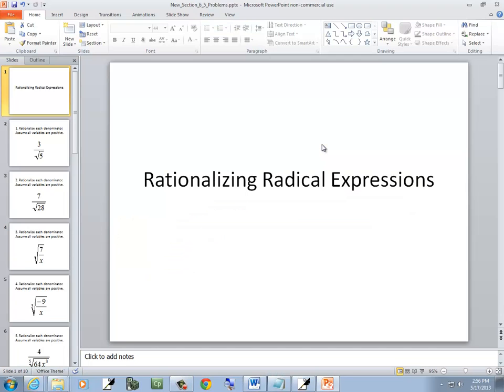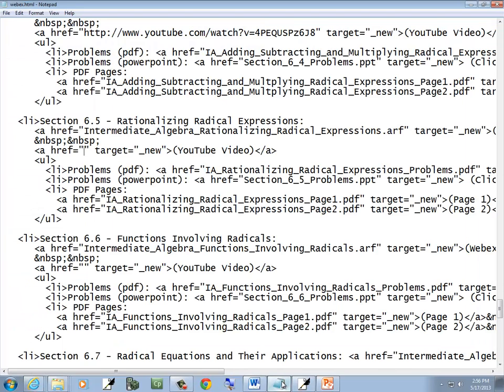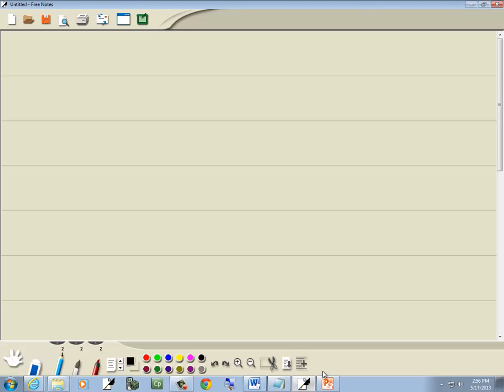And let's take a look at rationalizing radical expressions. Now this is based upon something we've already discussed. Remember when we talked about fractions and radicals? Basically we had two rules.